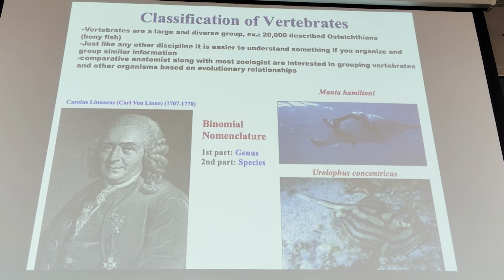I've been to the Amazon with them, and we'll throw a net in and they'll pull a fish out and start naming all these fish. It just blows my mind. There are over 20,000 species of osteichthyans, which means bony fish, and so you can imagine that's pretty daunting. So it's much easier if you break them down into groups and study specific groups instead of trying to study that entire group.